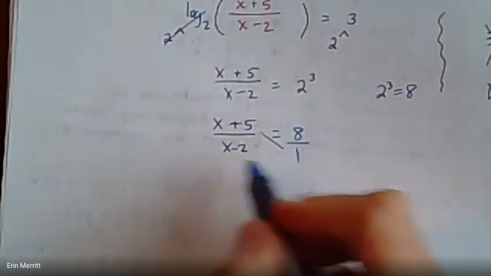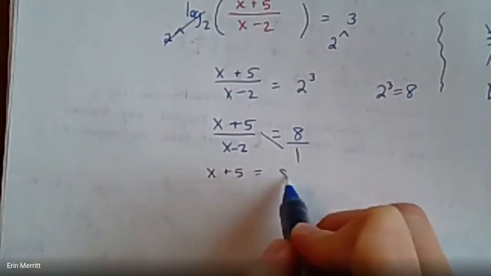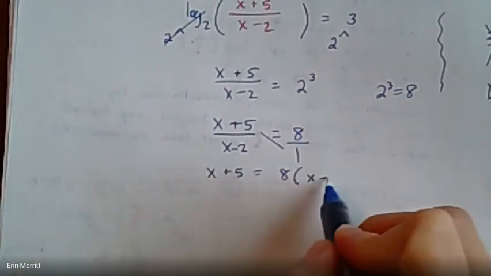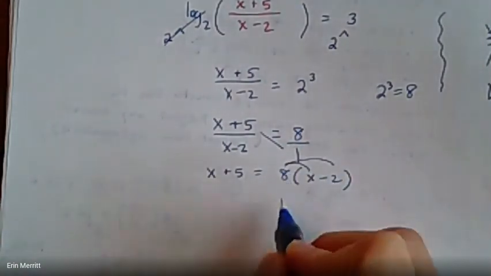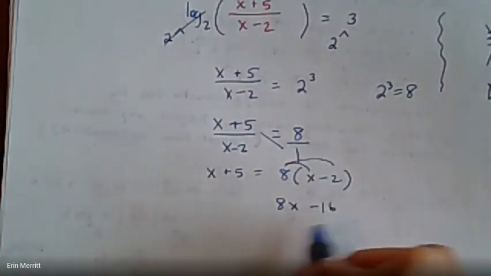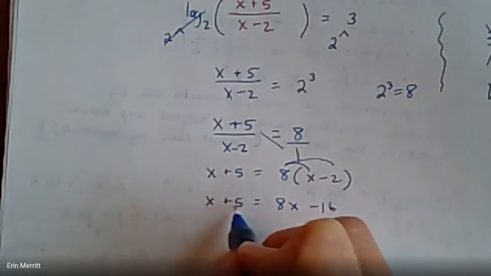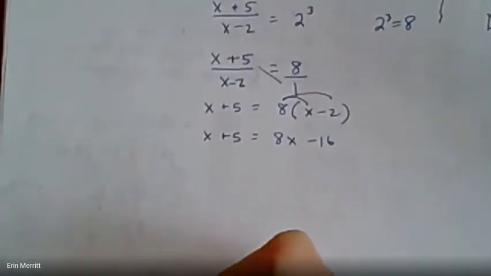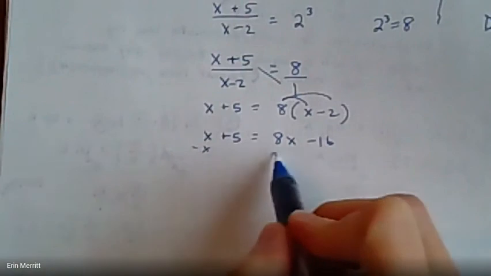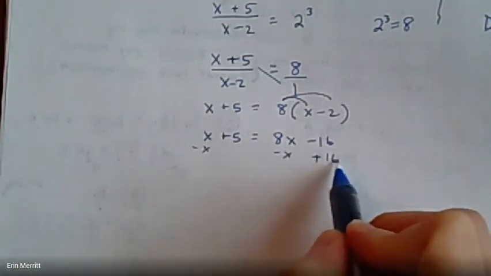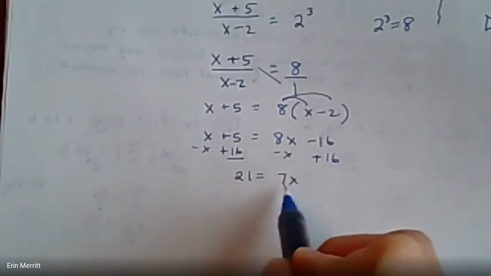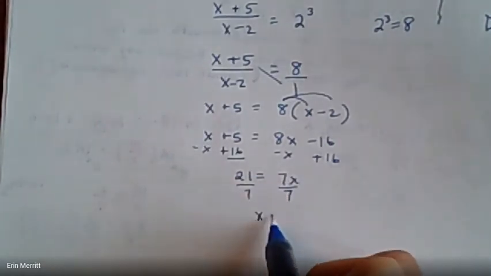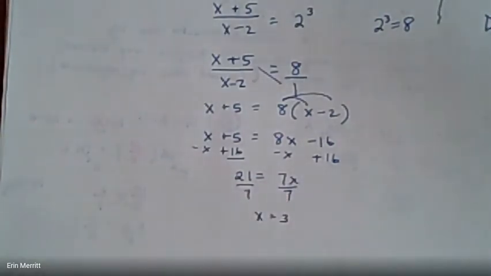So when I cross multiply this, I get x plus 5. Please make sure that the 8 gets distributed through the x minus 2. So 8x minus 16. And then this is just a basic old linear equation, which means just get your x's together. Move your constants to the other side. So we get 21 equals 7x. And x comes out as 3.